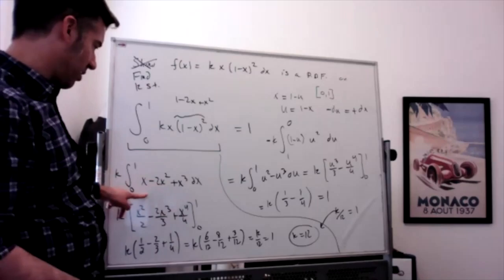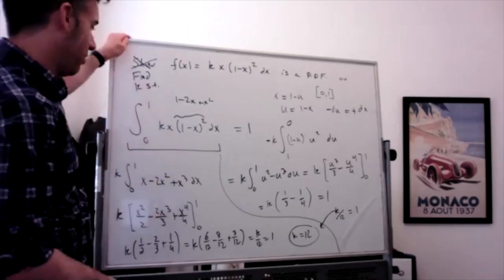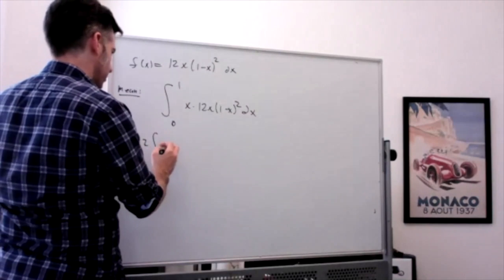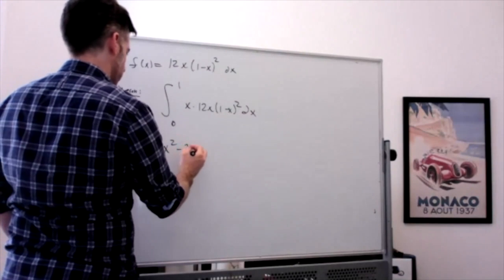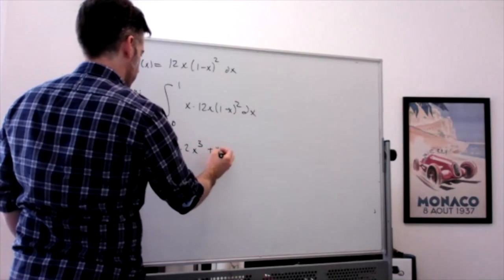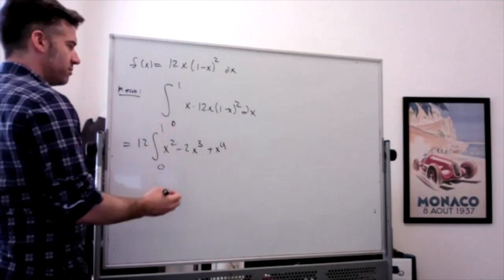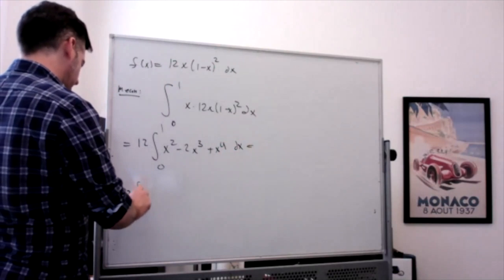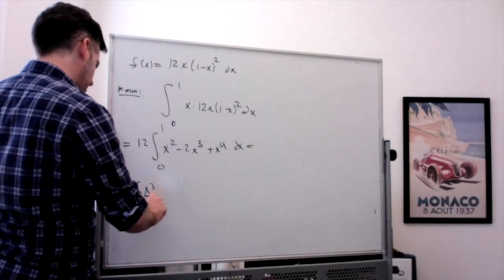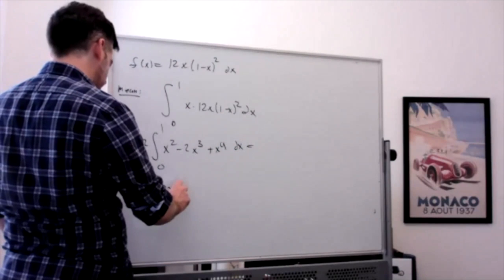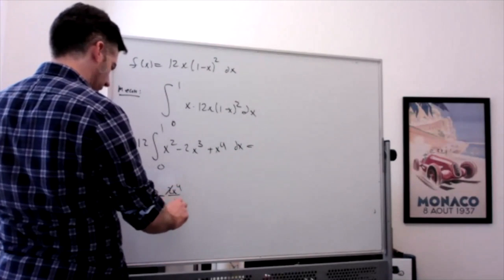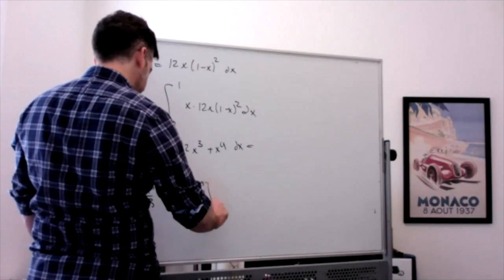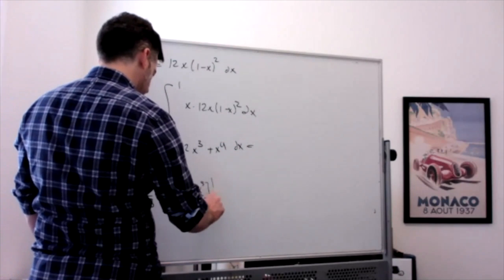So it's going to be x squared minus 2x cubed plus x to the 4th, times 12, from 0 to 1. And then we're going to get 12 times x cubed over 3 minus 2x to the 4th over 4, cancel 2, plus x to the 5th over 5, from 0 to 1.